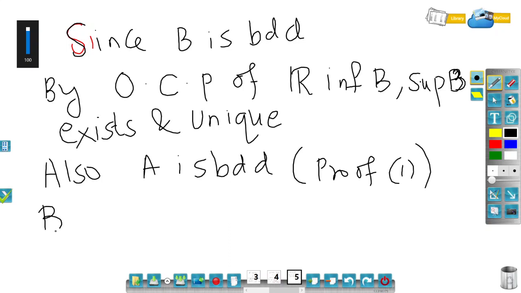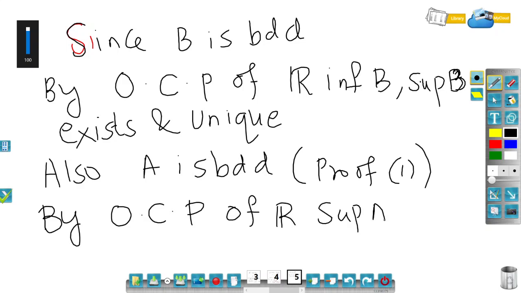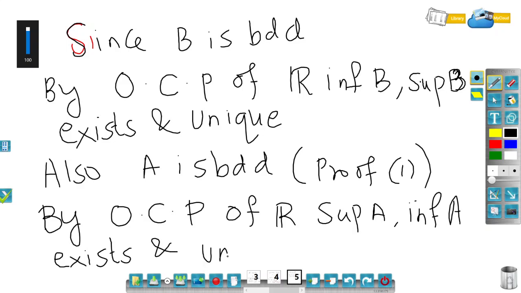So again we can apply the order completeness property. By the order completeness property of R, supremum of A and infimum of A exist and are unique.